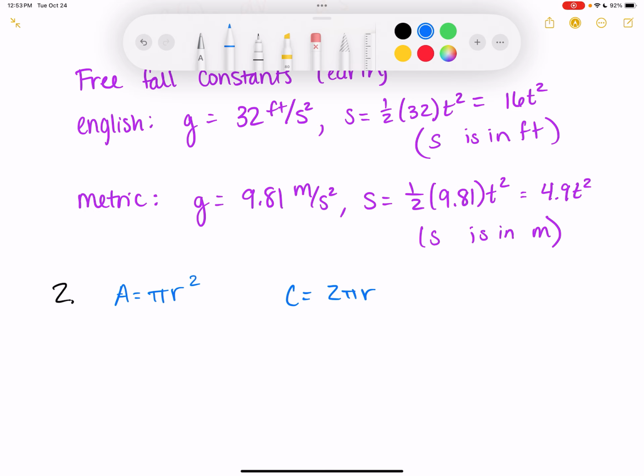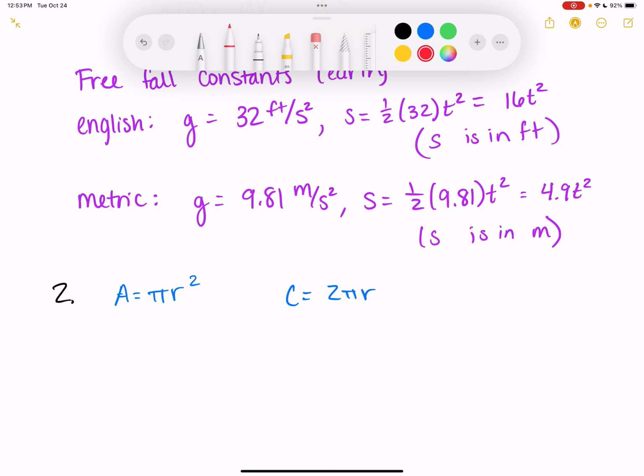All right, so we want the area of a circle as a function of the circumference C. What is the only thing these two have in common, variable-wise? R. So, I'm going to solve for R. Pi is the number.